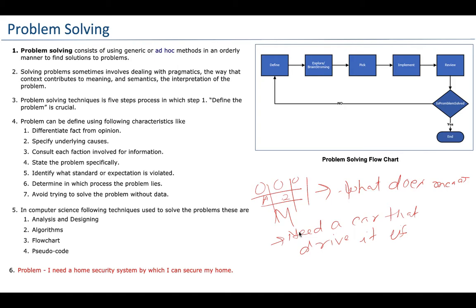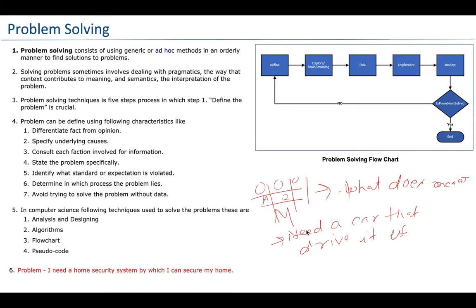Defining the problem requires the following characteristics: differentiate fact from opinion. It means that you should understand what is fact. Then understand or specify the causes, why this is needed, and consult each fraction of information involved in these causes.